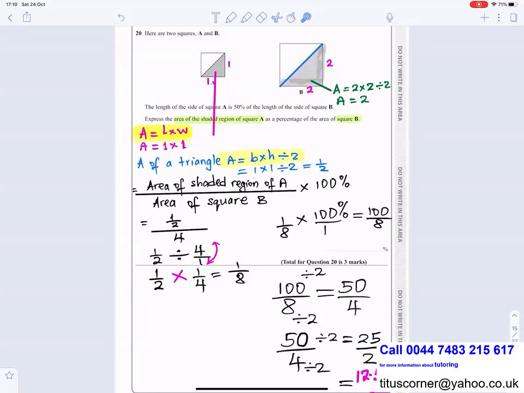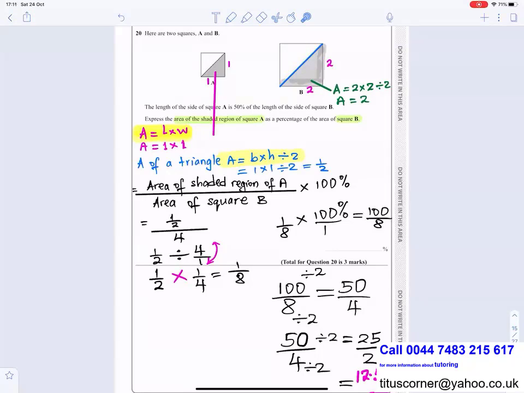Question 20. Here are 2 squares, A and B. The length of the side of square A is 50% of the length of the side of square B. Express the area of the shaded region of square A as a percentage of the area of square B. The area of a square is length times width.